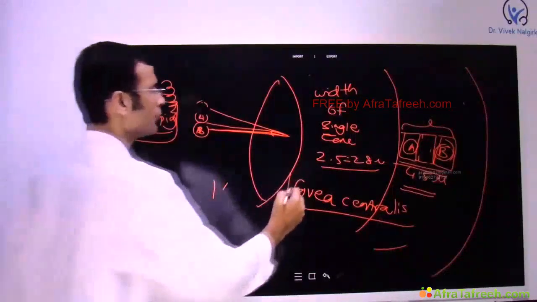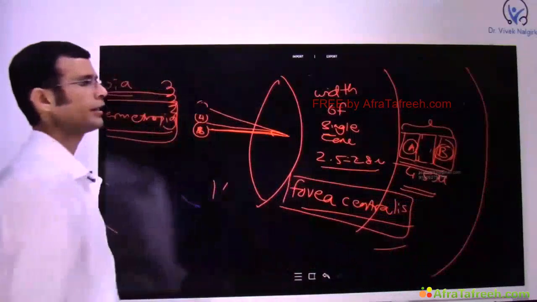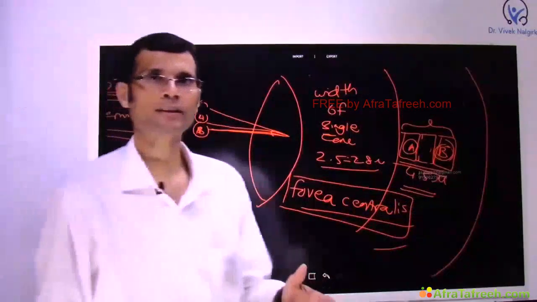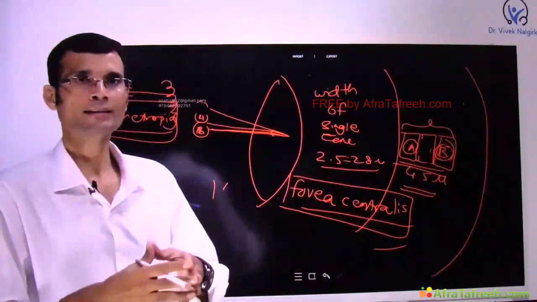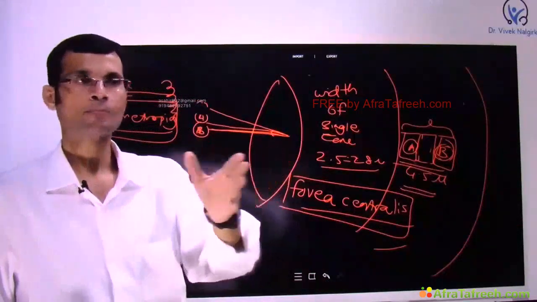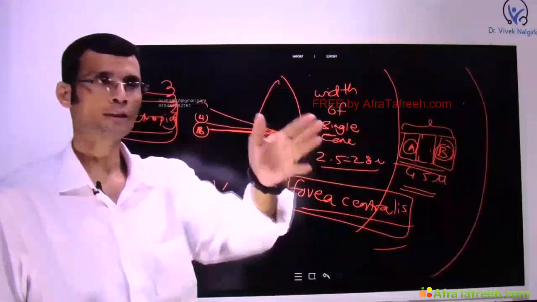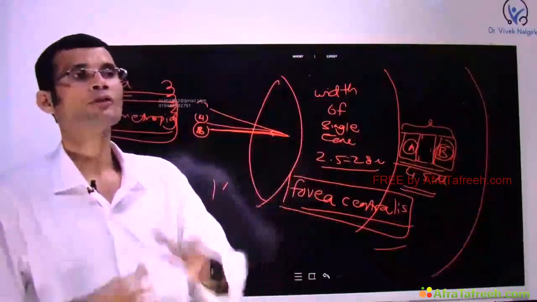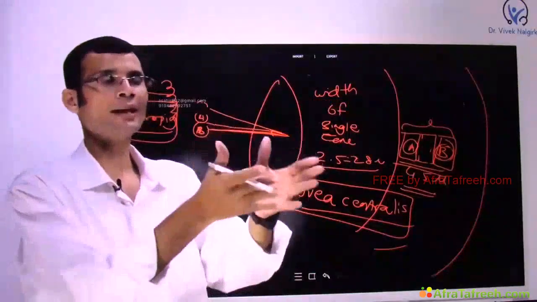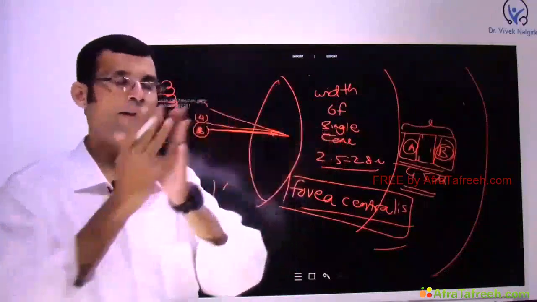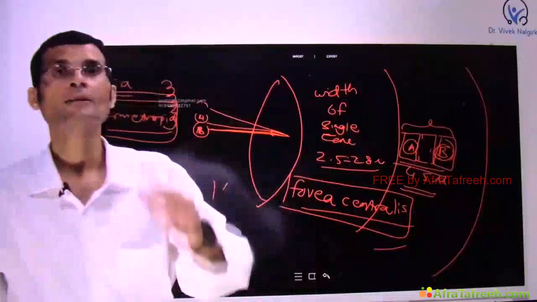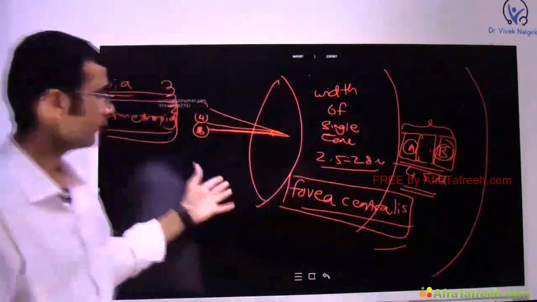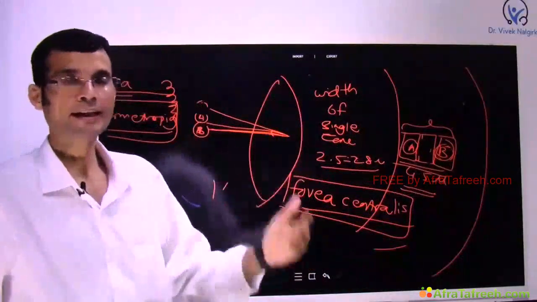The visual acuity is greatest, best at the fovea centralis, and therefore when we have to examine the details of an object, we turn our eyes to that object. Why? Because the light rays coming from that object will then fall on the fovea centralis, where the vision is most detailed and accurate.